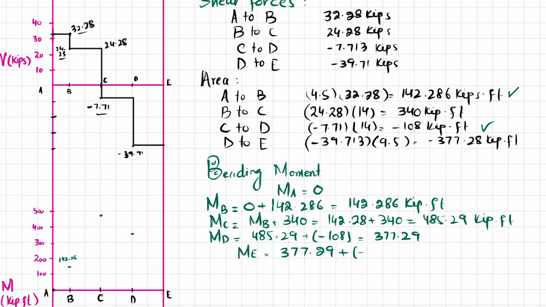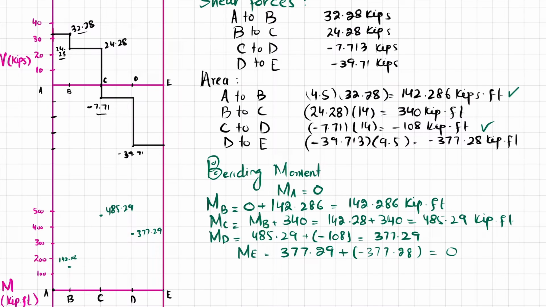So 377.29 minus 377.28 is equal to 0. So this will be your last point. So this point is 142.28, this is 485.29 kips into feet, this is 377.29 and this is 0.